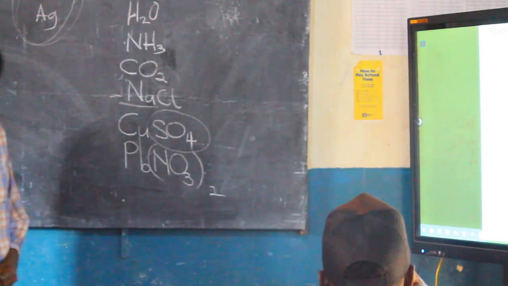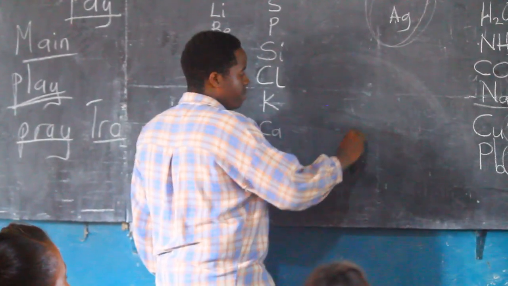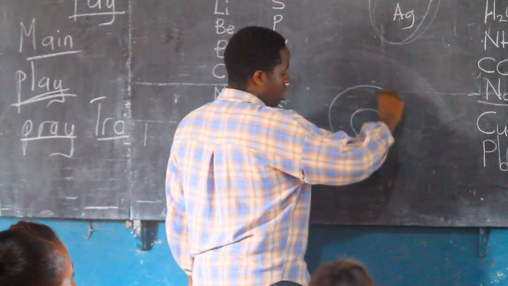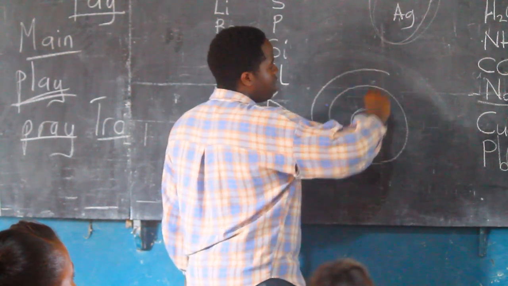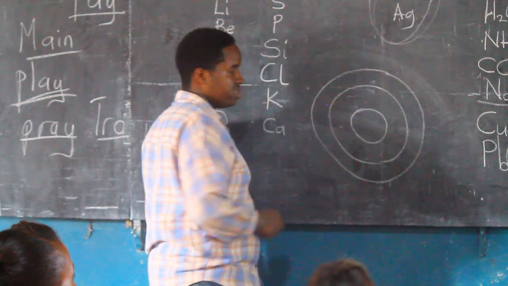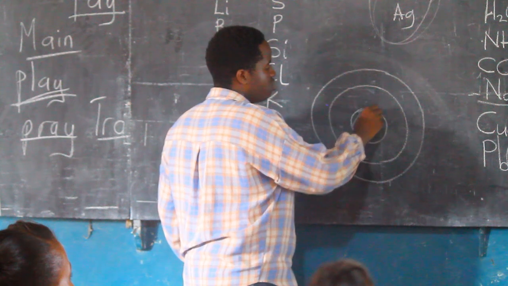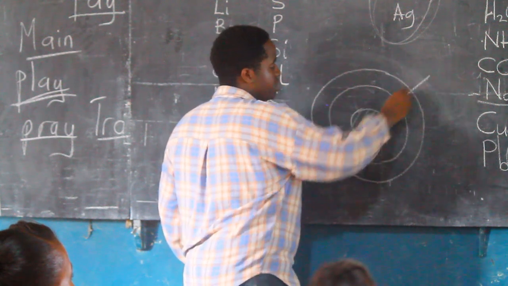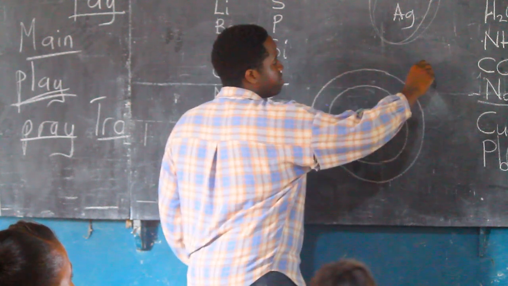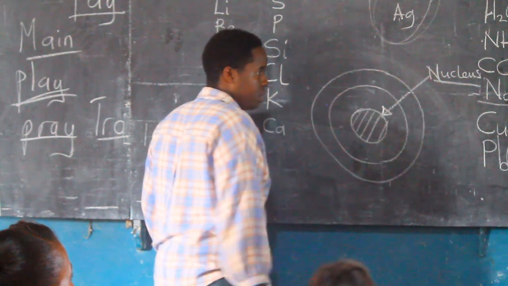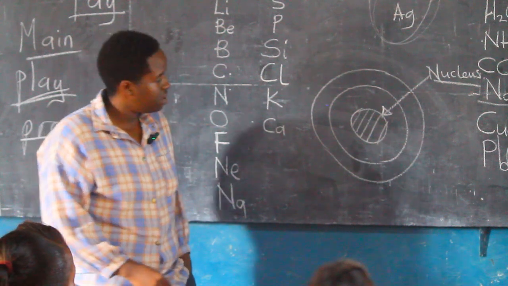Now, I'm going to start with an atom, a simple atom. An atom is made up of four major components. The major, then we have some minor. Let's assume this is a nucleus.